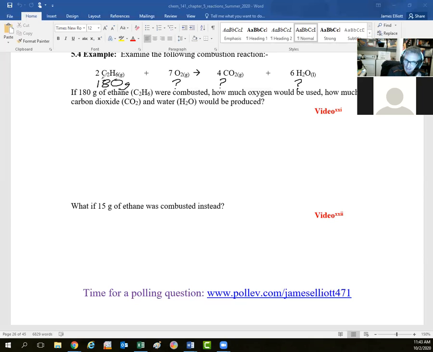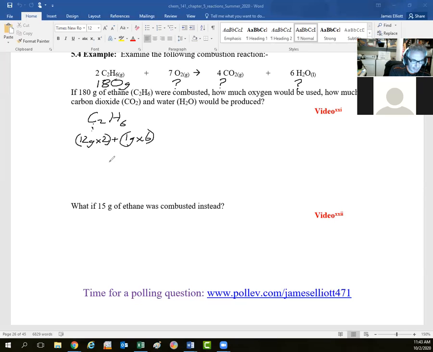Remember, our first task is just to work out how many moles 180 grams of ethane is, and we can use the chemical formula for that, C2H6. We have, from the periodic table, 12 grams for carbon per mole. For hydrogen, we've got 1 gram per mole.